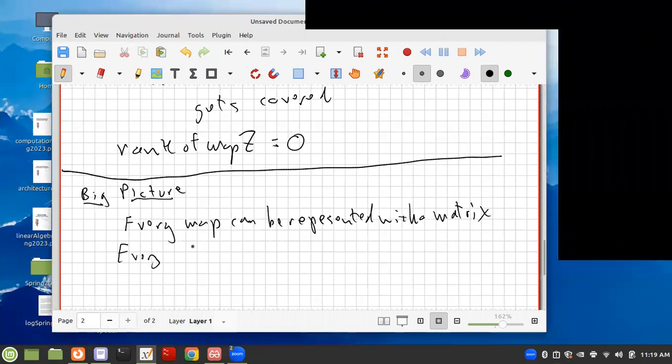Every matrix can be represented with a matrix in a particular basis. In other words, when you choose a matrix representation of a map, it's always going to be in a particular basis.